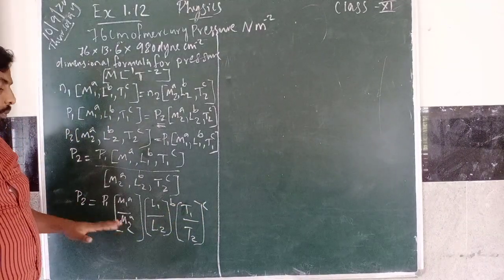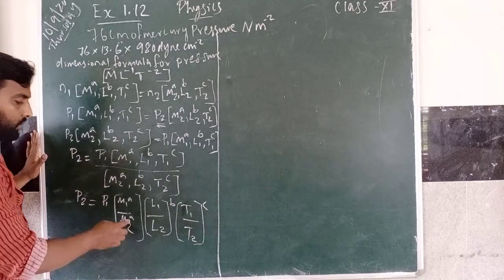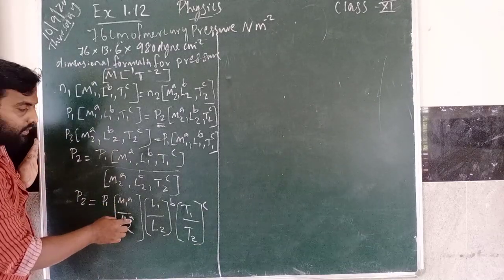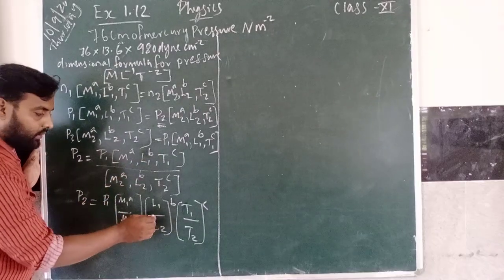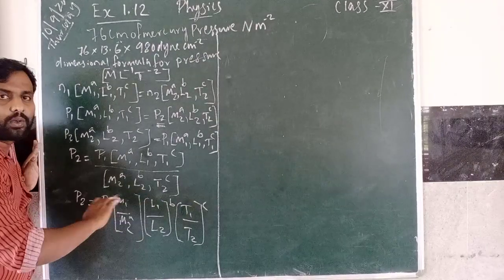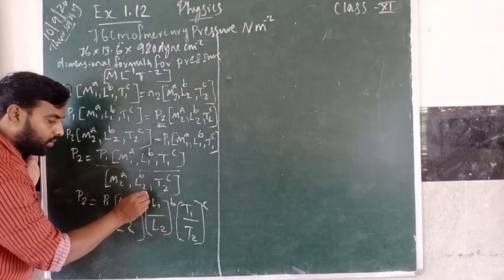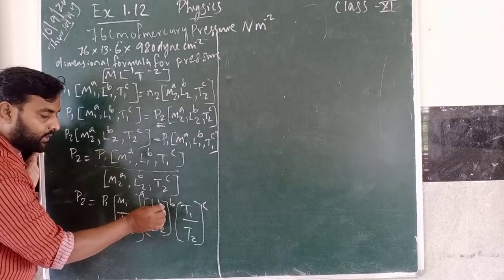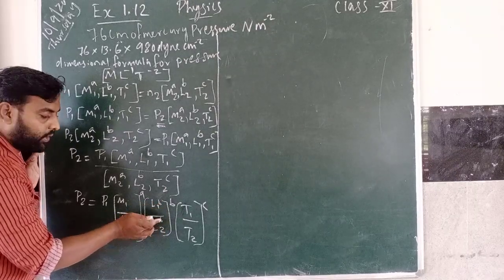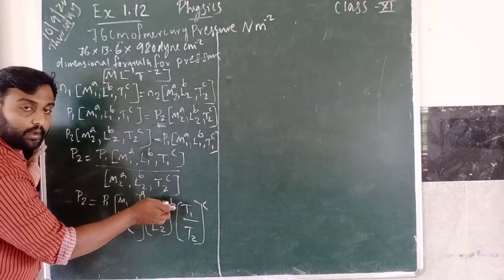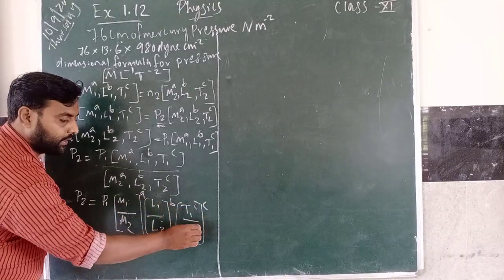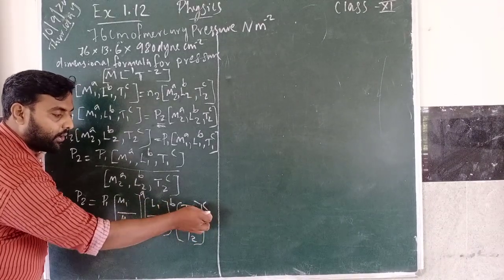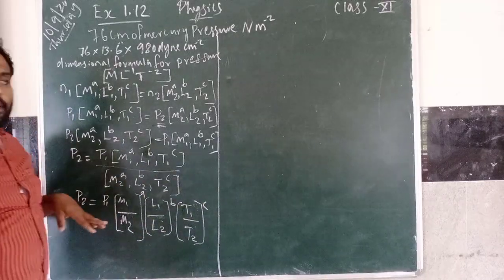This is how you can separate and write it down. Here a is there, here a is there, so I can take it commonly, finishing in one step. Here b is there, here b is there, and here c is there, here c is there, so I have taken them commonly.